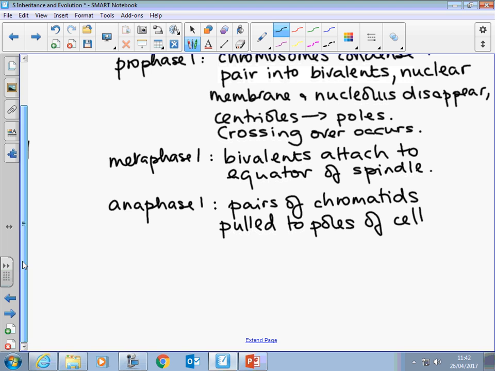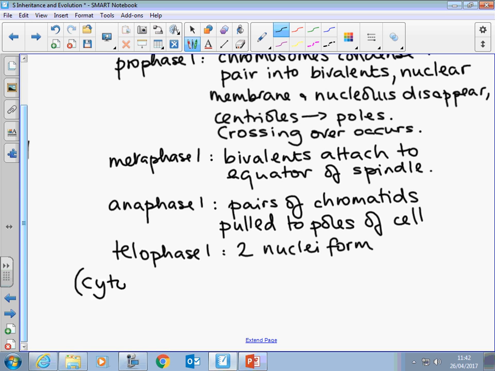Okay, because we've got so much more to do in this because it happens twice. So telophase 1, 2 nuclei form. We do have all that other stuff as well, don't we? Nucleolus reforming and all that sort of thing. Cytokinesis, yeah. Well, I'll put it in brackets because it will depend on the type of cell.